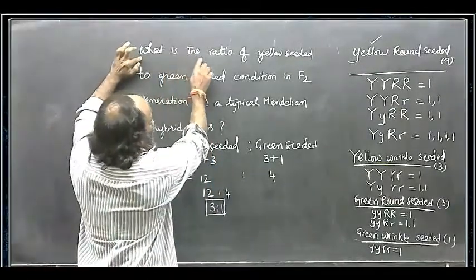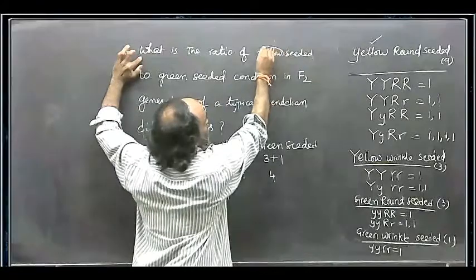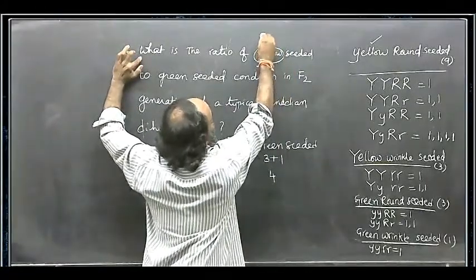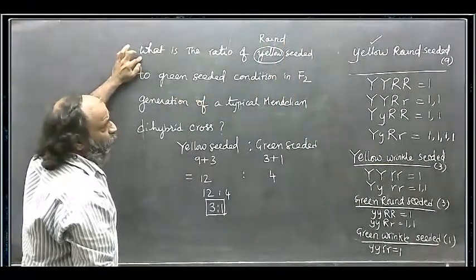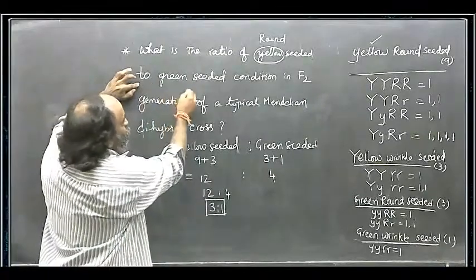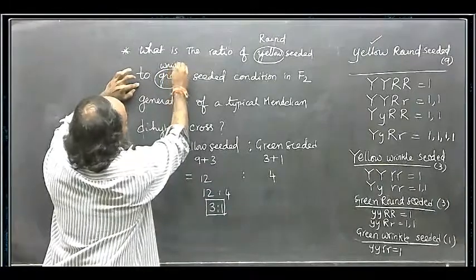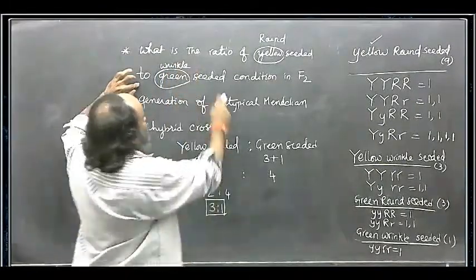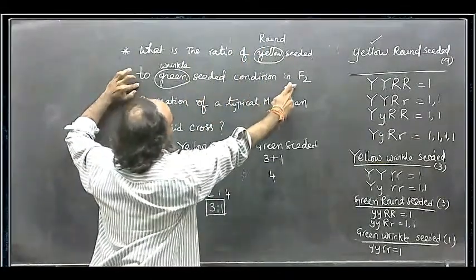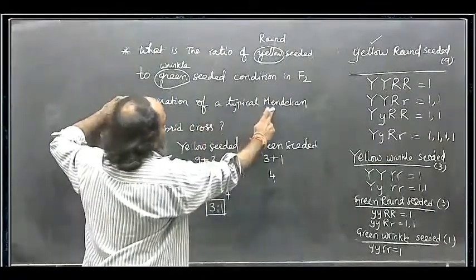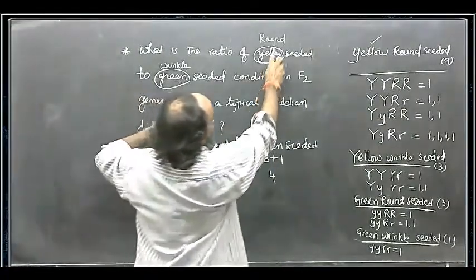You can repeat the same question with the shape of the seeds. What is the ratio of, instead of yellow seeded, I will put round seeded, to, instead of green, I will take wrinkle seeded? What is the ratio of round seeded to wrinkle seeded condition in F2 generation of a typical Mendelian dihybrid cross? So how many of them are round seeded?